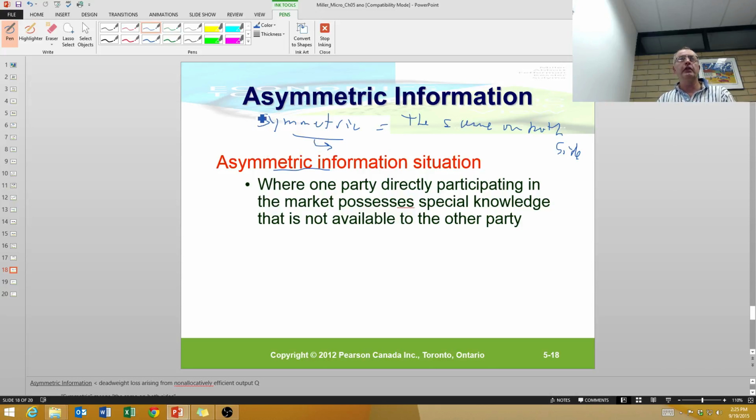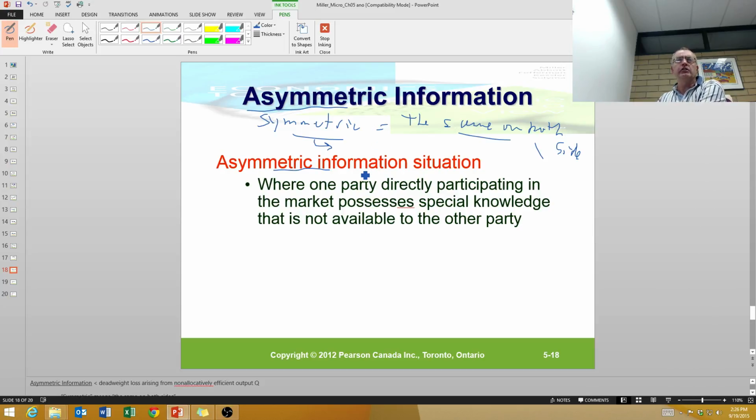And so if we have something that's asymmetric, it means they're not the same on both sides. So if we have an economic exchange where we have asymmetric information, it means one party knows more than the other party.